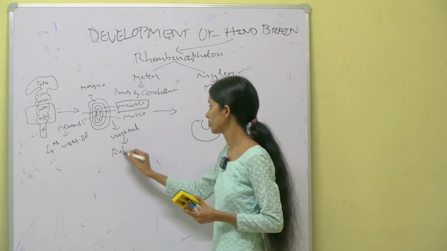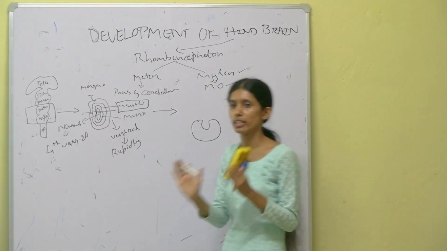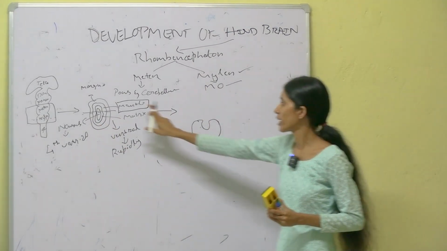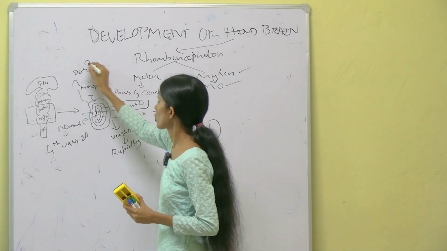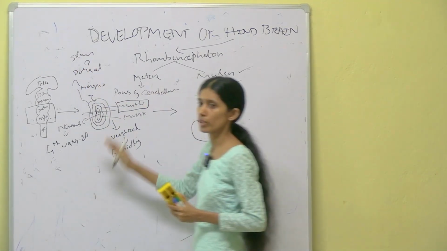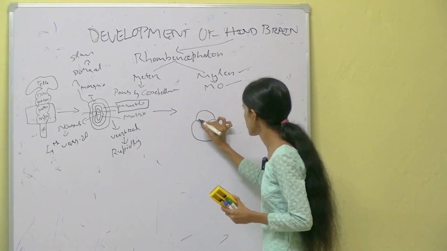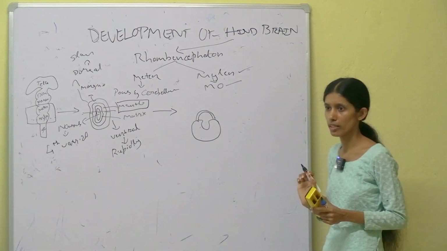As a result, only the ventral part will get expanded in size like this, whereas your dorsal part shows slow growth compared to the ventral part, so it will remain the same in size like this.